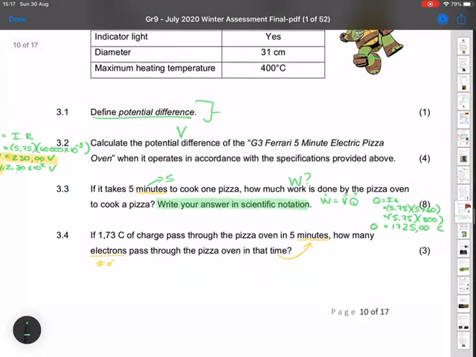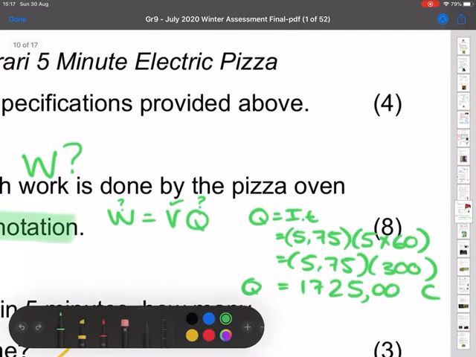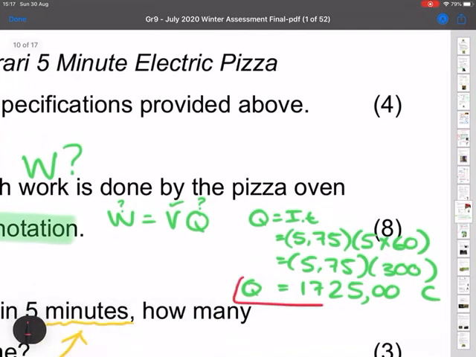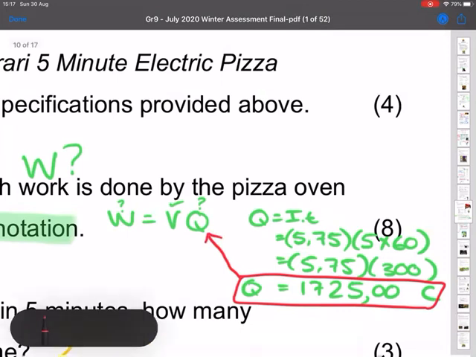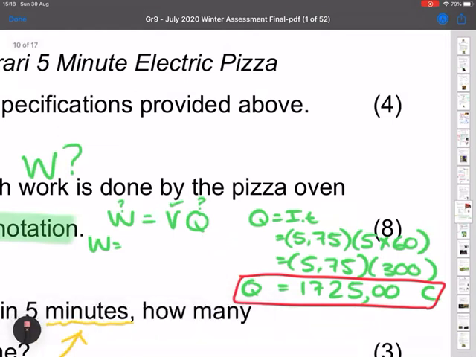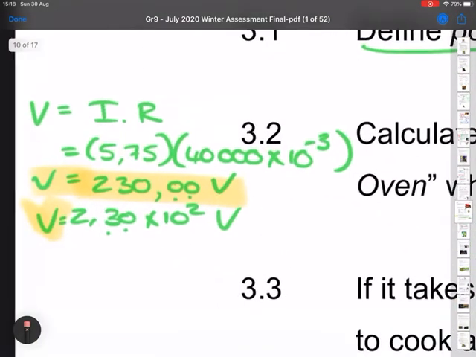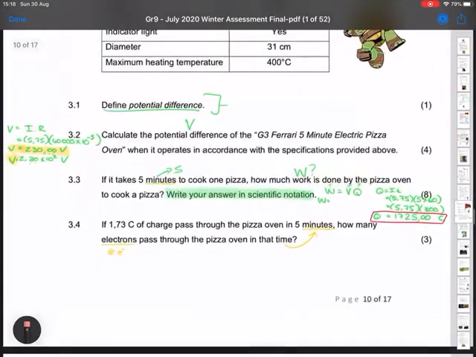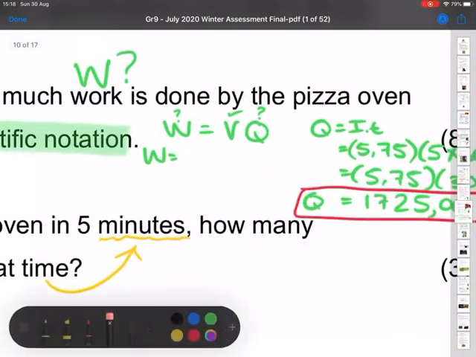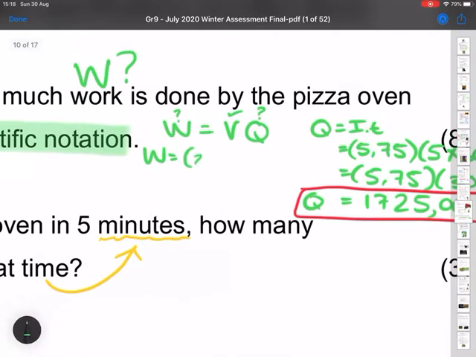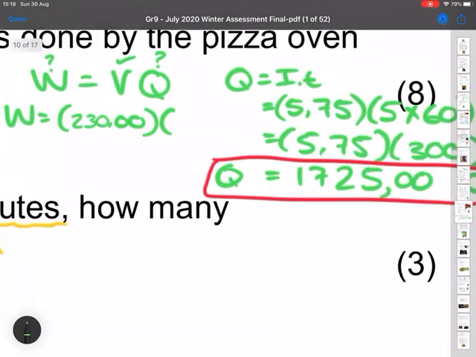Okay. Once you've calculated charge, then you can take this value here for Q, and you sub it into there. So W is equal to V. The V was from your previous question, 230 volts, times the charge that you've just calculated, which is 1725.